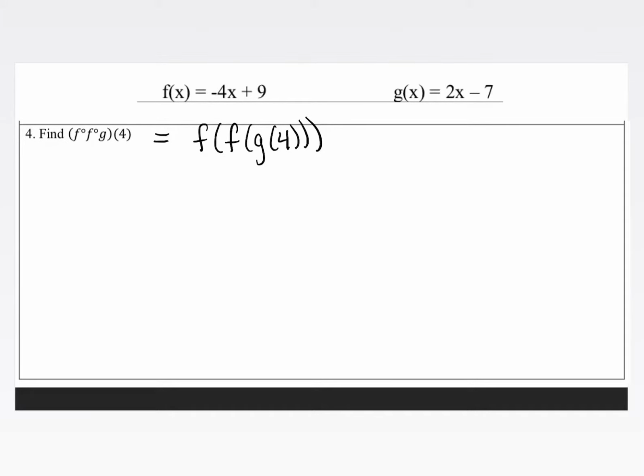So I'm going to start us off with our f function, which gives us negative 4 times something plus 9. And I'm personally going to leave a little bit of space here. Our next function, if we work our way inward, is also our f function. So here, in for x, we're going to plug in negative 4 times our x plus 9.